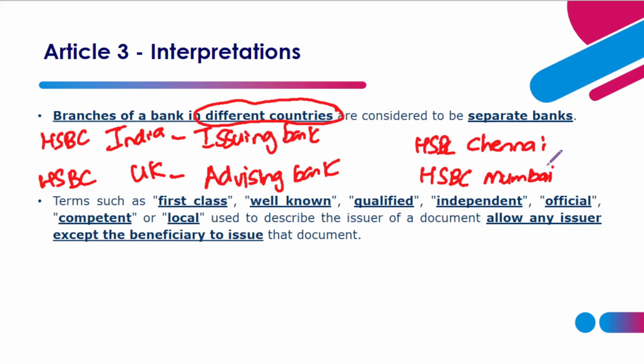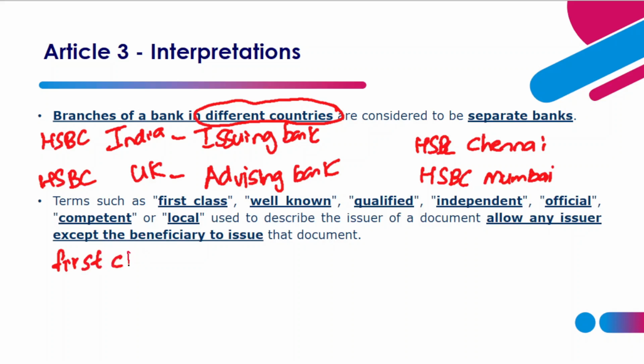So in case the letter of credit describes an issuer of a document in any of these words, the bank is allowed to accept any document that is issued by any party, but as long as it's not the beneficiary itself. This is like a protection given to the handling bank so that they don't face any ambiguity. For us to remember, note down these points.